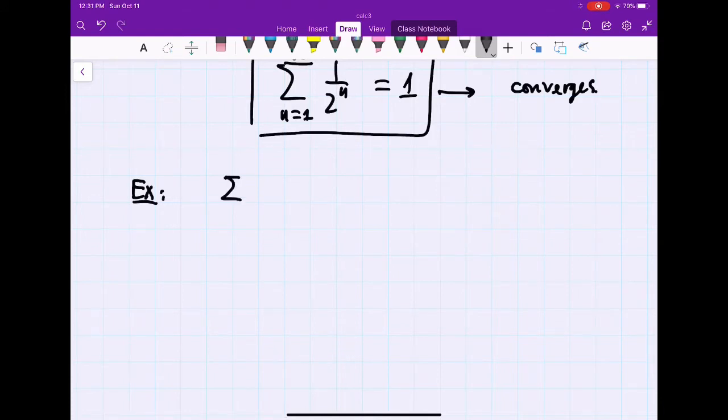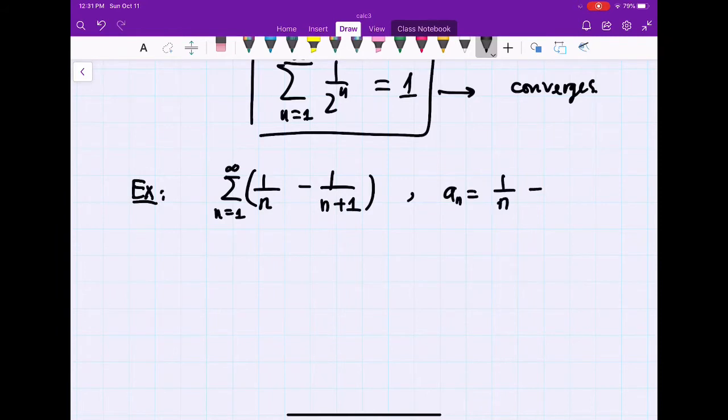Let's consider the following series: 1 over n minus 1 over n plus 1, n from 1 to infinity. In this case, a_n, the general term, is 1 over n minus 1 over n plus 1. So let's determine the convergence and the sum of this series if possible.